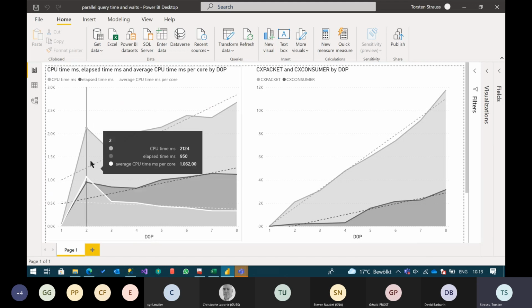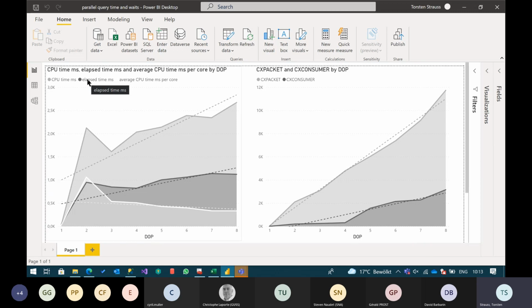And the time is nothing else than the elapsed time, and the elapsed time is nothing else than CPU time plus wait time. You can see on the right-hand side the wait time, because the only wait time we can monitor is the so-called CXPACKET, class exchange packet, or the CXCONSUMER, class exchange consumer. This was introduced, I think, in 2016 or 17.